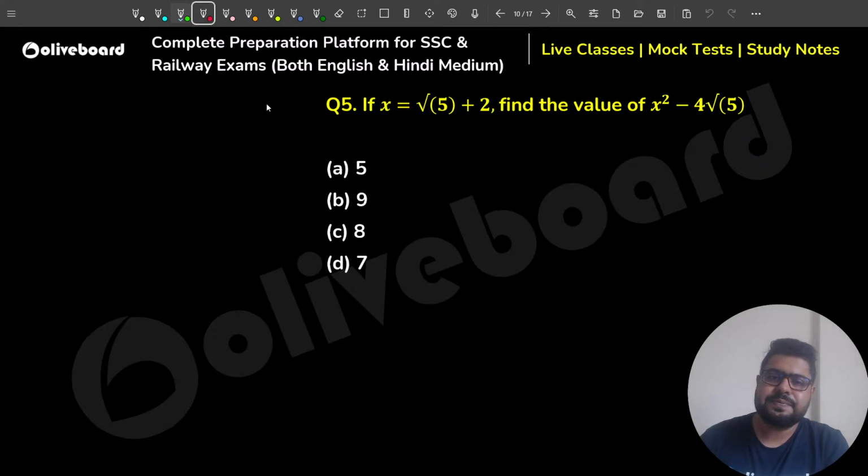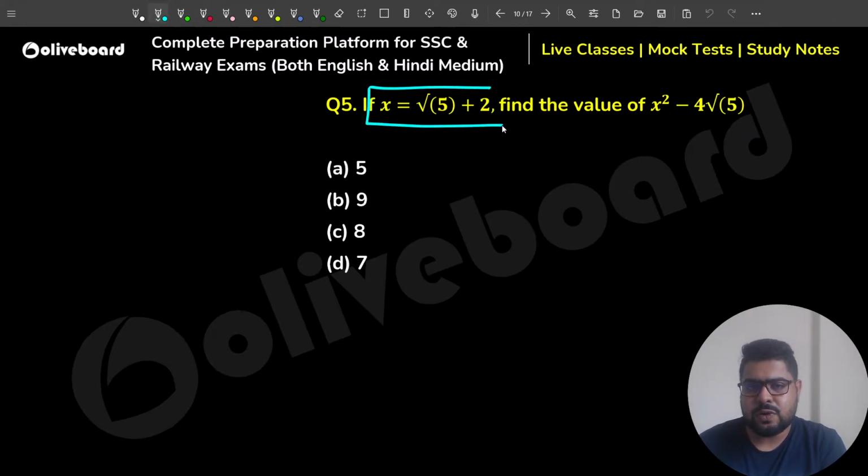Next one, please, sir. So x is given to you as root 5 plus 2. They are asking this value. It's a little tricky, sir. There are multiple ways of doing this. But is this question correct? Let's see, sir. X square will be root 5 plus 2 whole square.